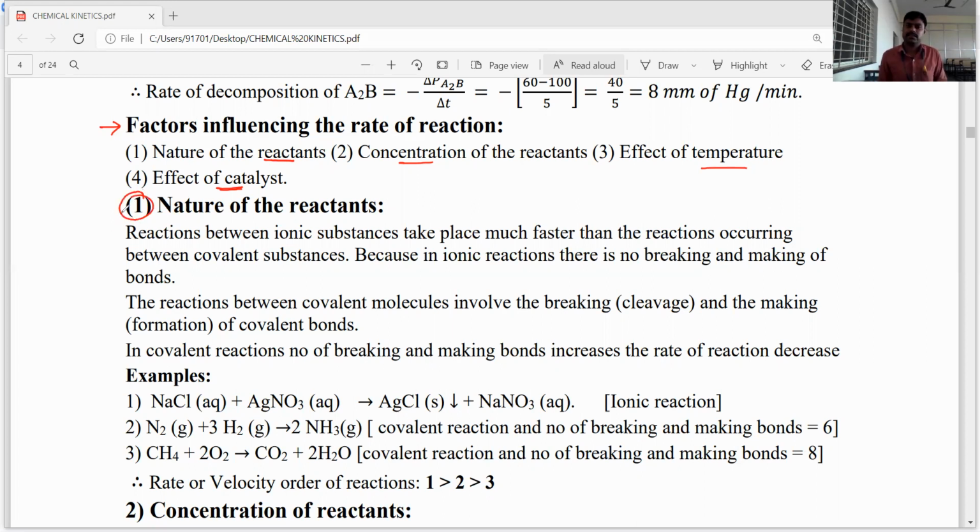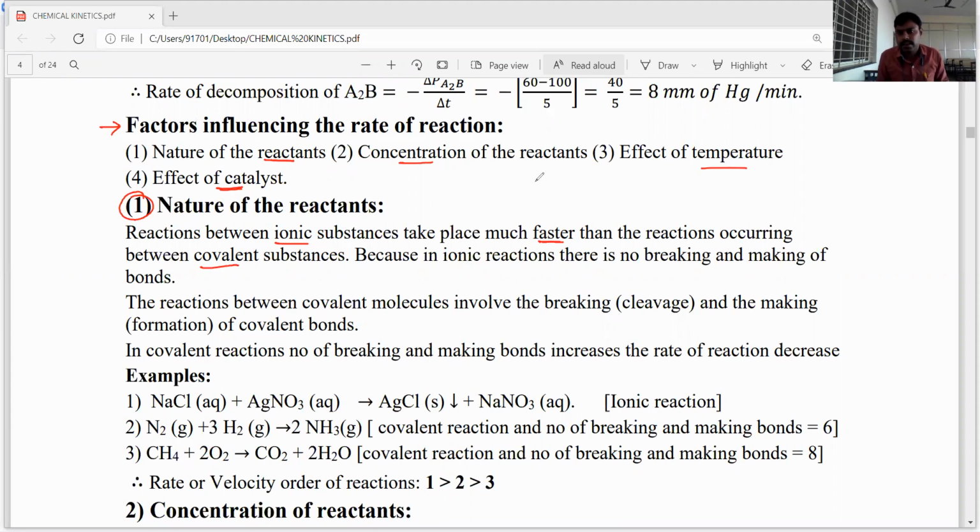Nature of reactants. Listen carefully. In a chemical reaction, if the reactants are ionic substances, the reaction is very fast. It takes place much faster than a reaction occurring between covalent substances.